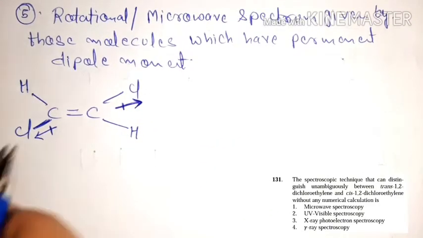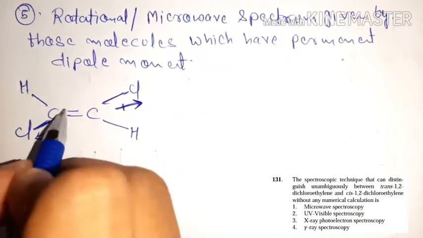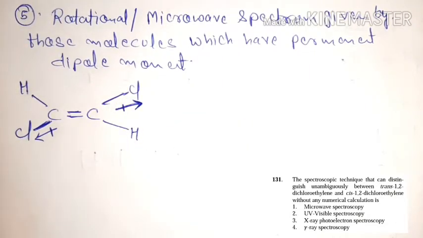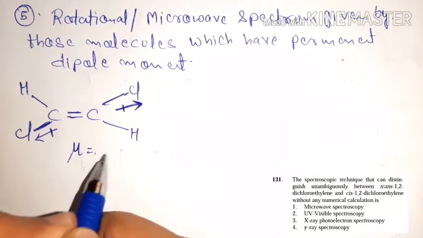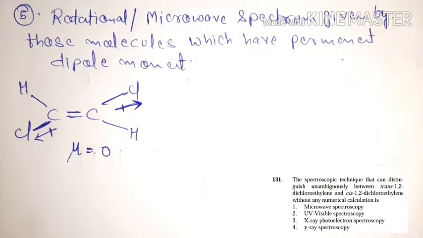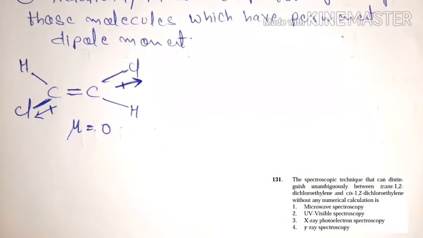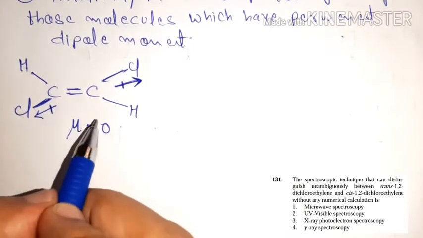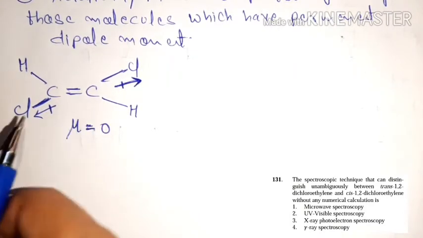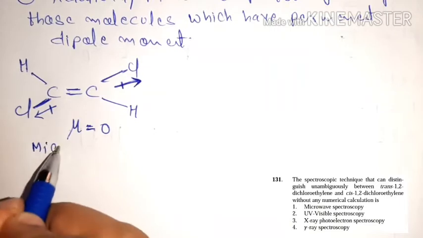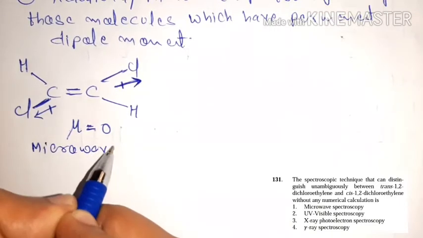The dipole moments of the C-Cl bonds oppose each other because they are in opposite directions. So the dipole moment will be zero in the trans 1,2-dichloroethylene, and when the dipole moment is zero, the trans 1,2-dichloroethylene is microwave inactive.